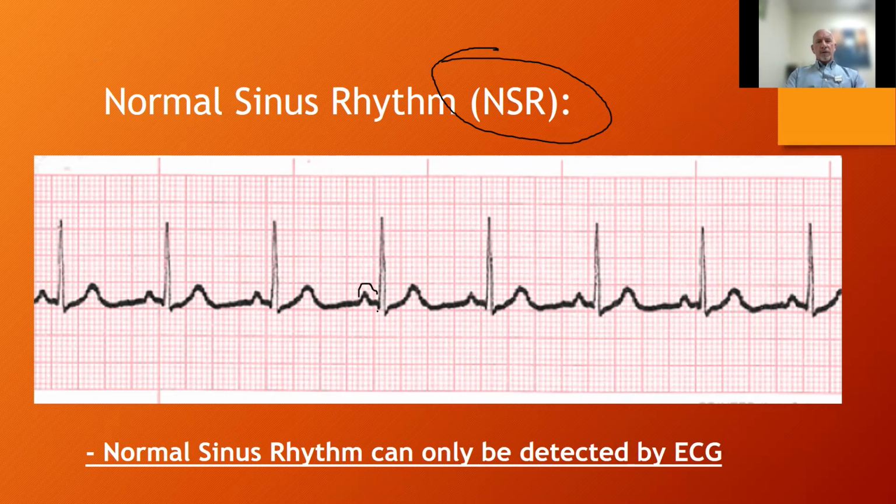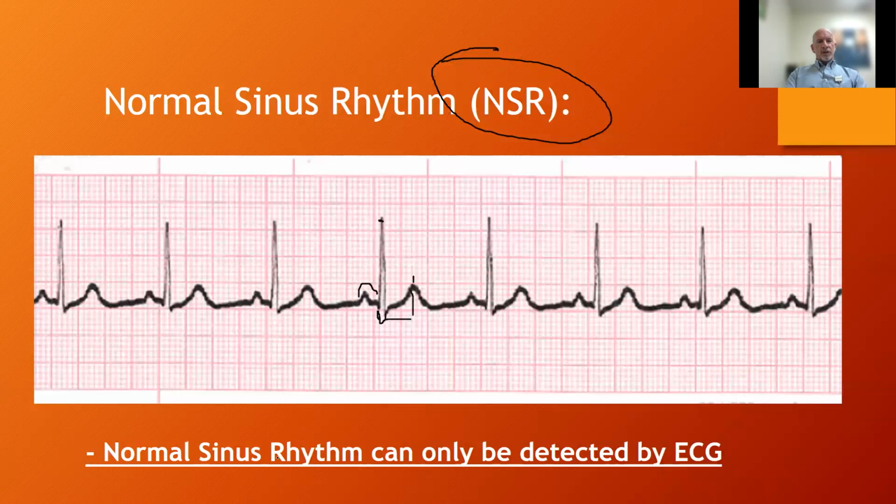Here's a QRS interval, and you usually go from the Q to the R to the S. So this is the Q, this is the R, this is the S. So you measure from the R to the S, and that gives you the interval of the QRS wave. And then from that S to the top of this T wave is your ST interval. And this is what a normal heart rhythm looks like. So that is your infamous normal sinus rhythm.